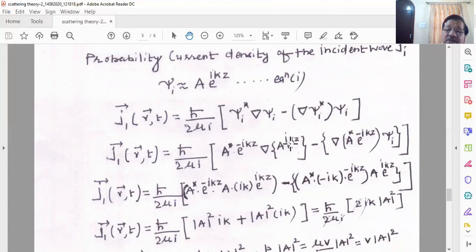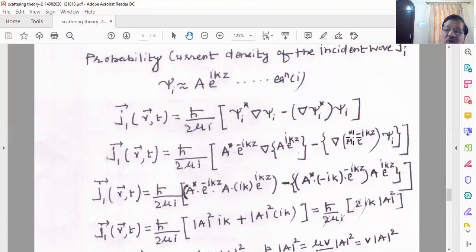It is a differentiation of this function with respect to the z axis. So we have ik e to the power of ikz. I hope you understand this step. I have a minus sign, so I'm keeping a minus sign. Then the curly bracket, I am keeping the curly bracket. Now I'm taking the gradient of this, you see the gradient of this again.